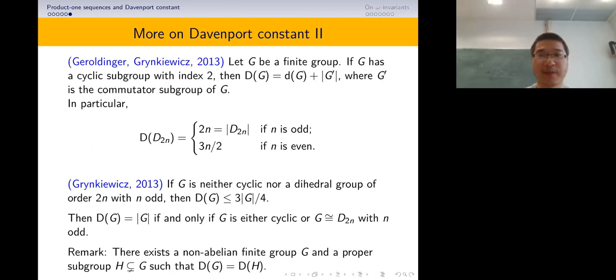Okay, we considered abelian groups. Now we consider general groups, especially non-abelian groups. Let G be a finite group. Geroldinger and Grynkiewicz proved that if G has a cyclic subgroup with index 2, then the large Davenport constant equals the small Davenport constant plus the order of the commutator subgroup of G. In particular, if G is a dihedral group, then we know the exact value of the large Davenport constant.